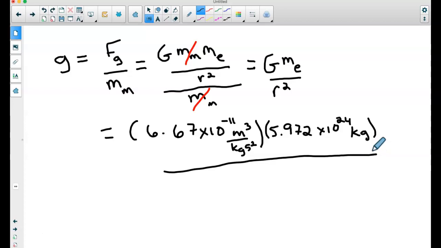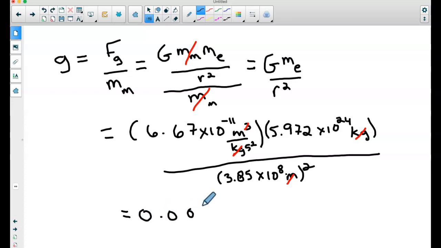And then I'm going to do this whole thing divided by that radius, the radius of the moon's orbit, that's the distance from the center of the moon to the center of the Earth. So I am just reusing that number. And then if I check my units, I've got meters squared, that's going to cancel out some of those meters cubed. Those kilograms cancel, and I'm left with meters over seconds squared, which is what I expect for acceleration, or the strength of a gravitational field.